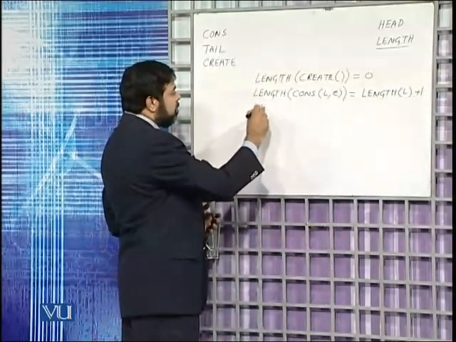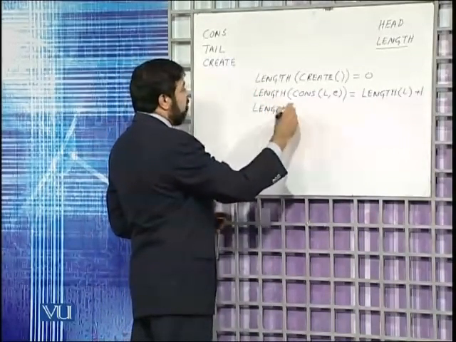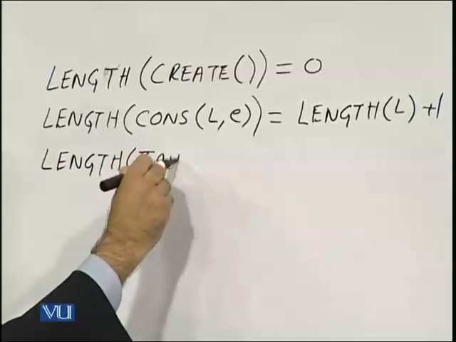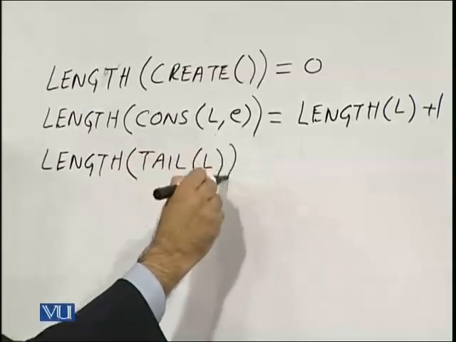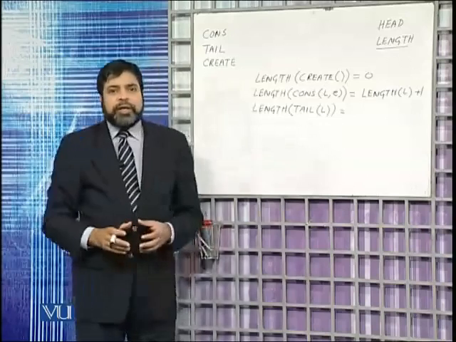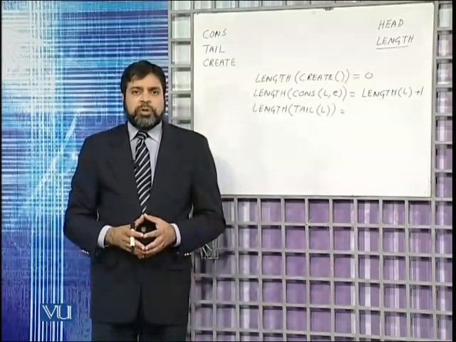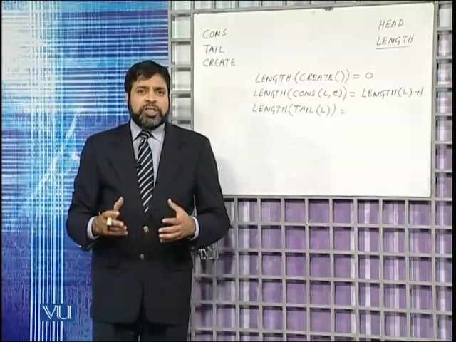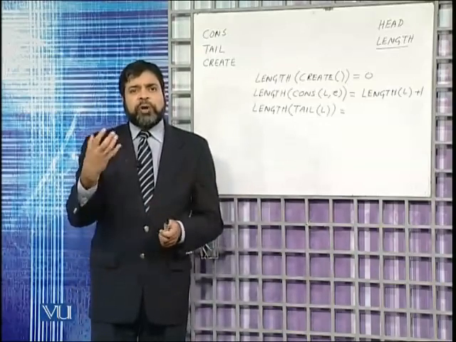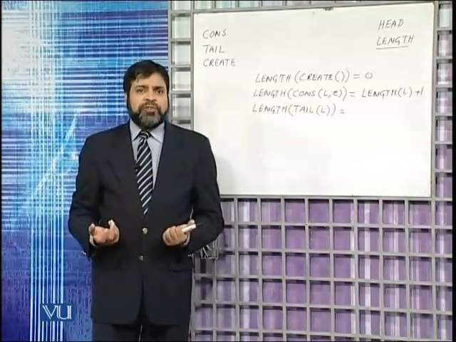And length of tail. Now once again, this is an interesting question. You might think that when we take the tail, what we have done is we have reduced this size by 1.